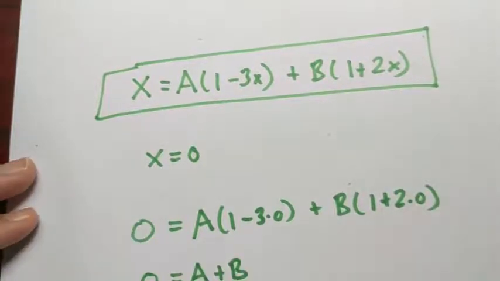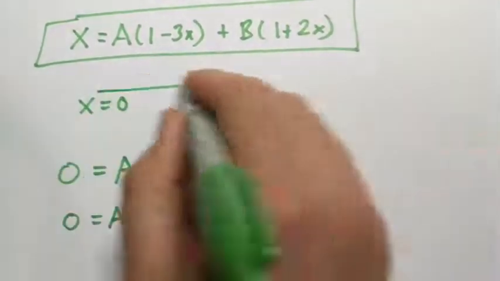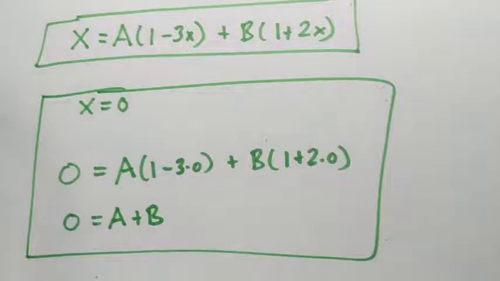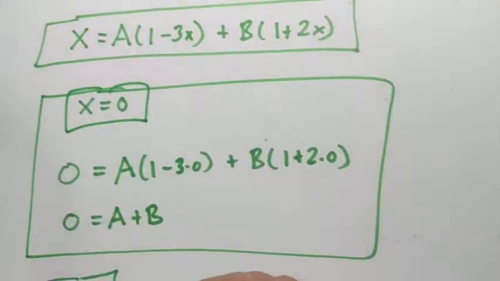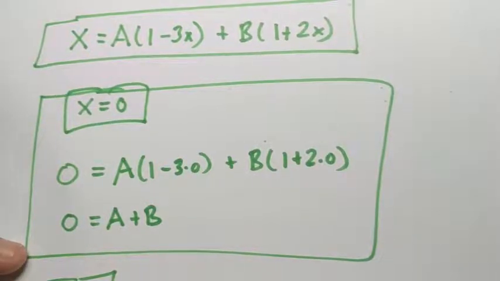And then if I plug in x equals 1, I'm going to get 1 equals a times 1 minus 3 plus b times 1 plus 2. So 1 equals negative 2a plus 3b.